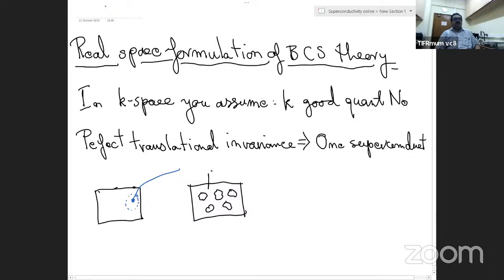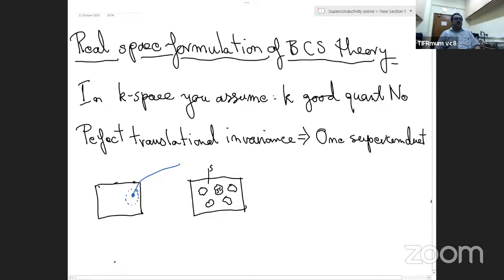So I have this superconductor here, and here I have, let's say, another superconductor, or maybe a normal metal, whatever. So now it is no longer a homogeneous system, and for such an inhomogeneous system, of course, translational invariance will not work. Then what I need is the equivalent of the Schrodinger equation.